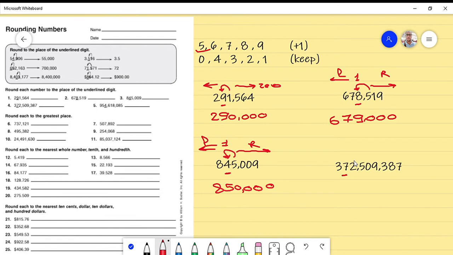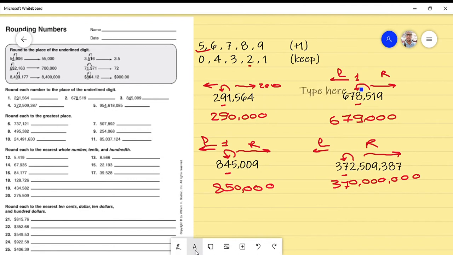The number just to the right of 7 is 2, so round down and you keep 7 as it is. As I told you before, you replace the digits on the right by 0: 2, 5, 0, 9, 3, 8 and 7 all become 0, but you keep 3 as it is. So the answer will be 370 million.